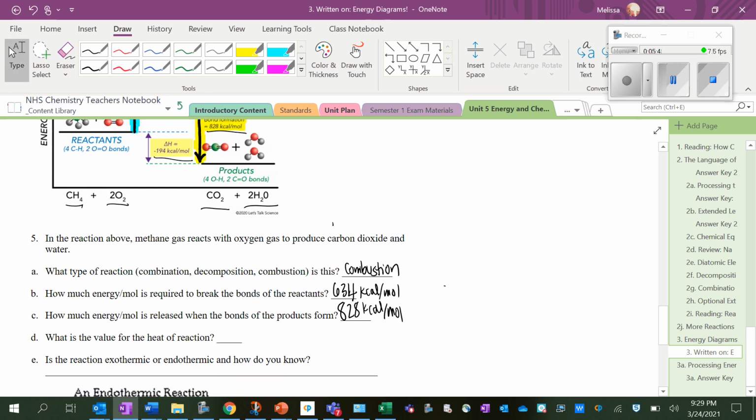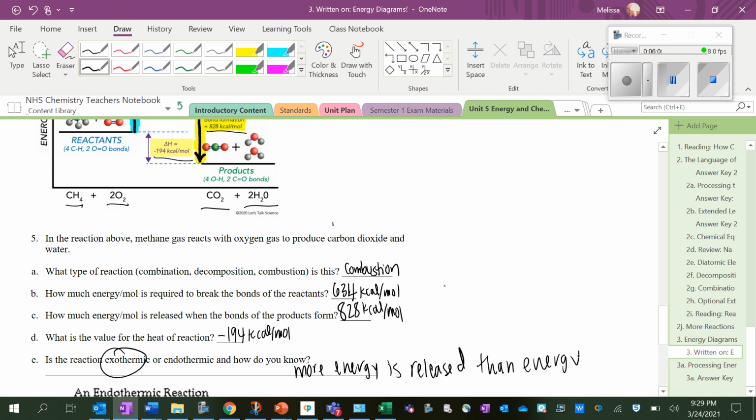What is the value for the heat of reaction? Negative 194 kilocalories per mole. Is this reaction exo or endothermic? It's exo. More energy is released than energy required to break the bonds.